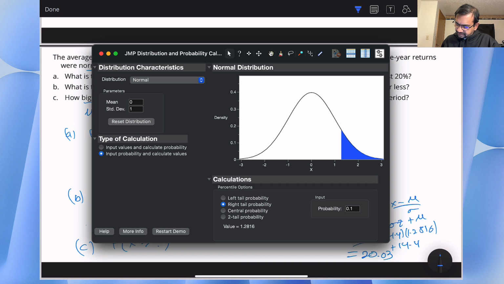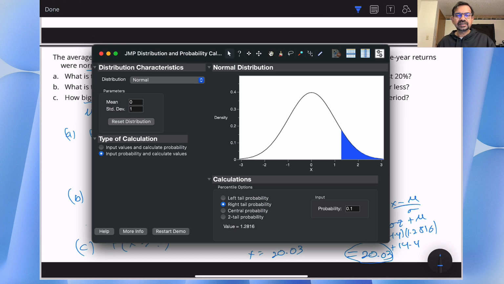So if X equals 20.03, anything more than that, a return of 20.03 or more, will put the stock in the top 10% of all returns.